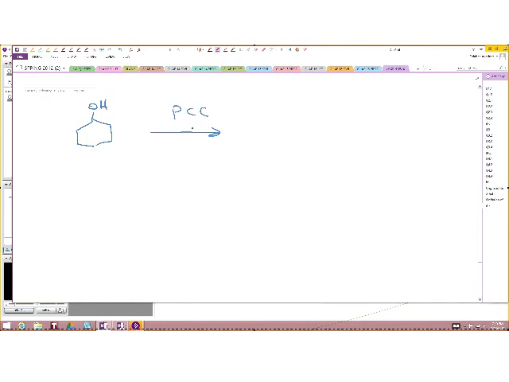Both PCC or Des-Martin also oxidize a secondary alcohol to a ketone.